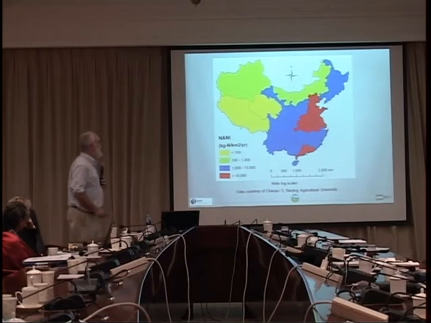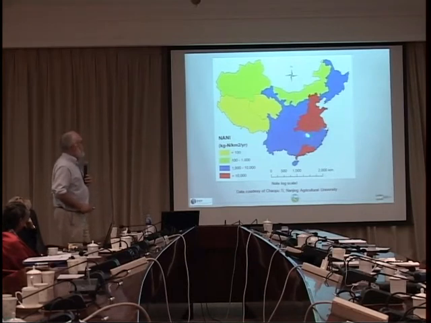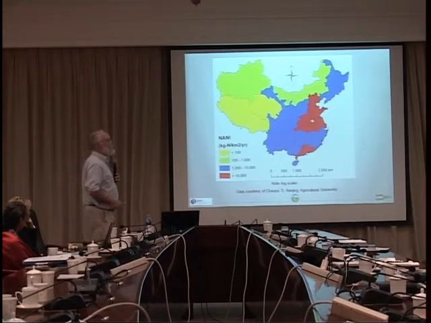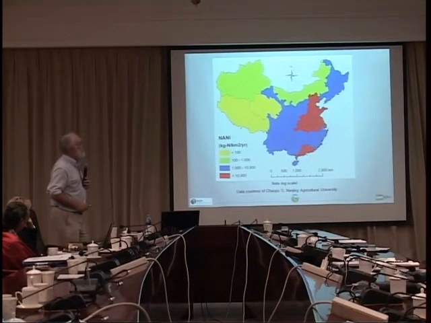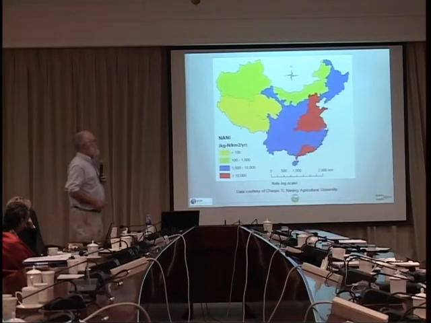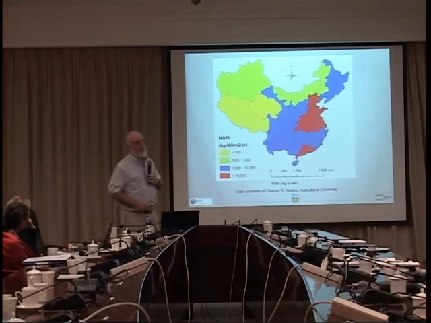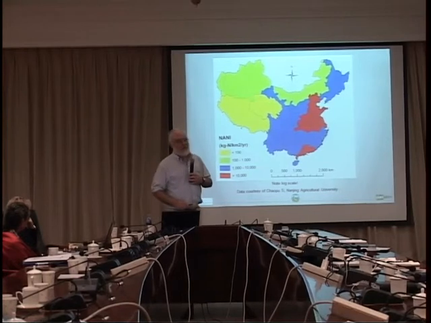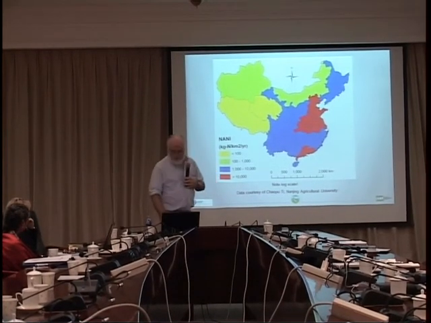Here's the real thing that blew my mind. This is China. Look at the size of these regions. Lots of people, lots of animal production to feed the people, lots of imported nitrogen in feed to feed the animals. Where is that coming from? Some of it's coming from the Mississippi and elsewhere.